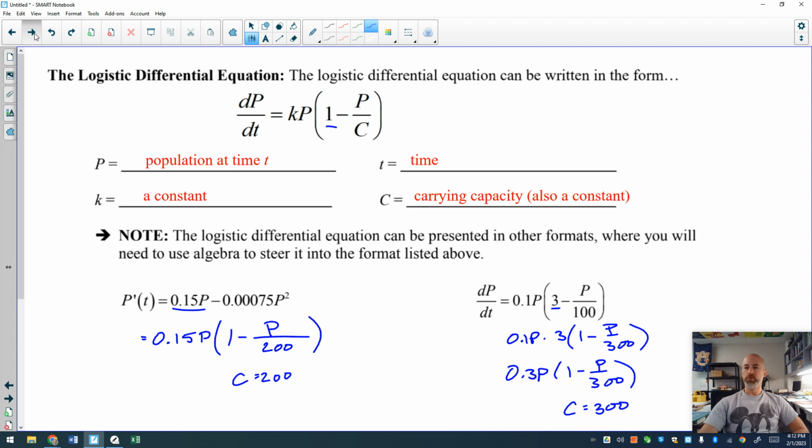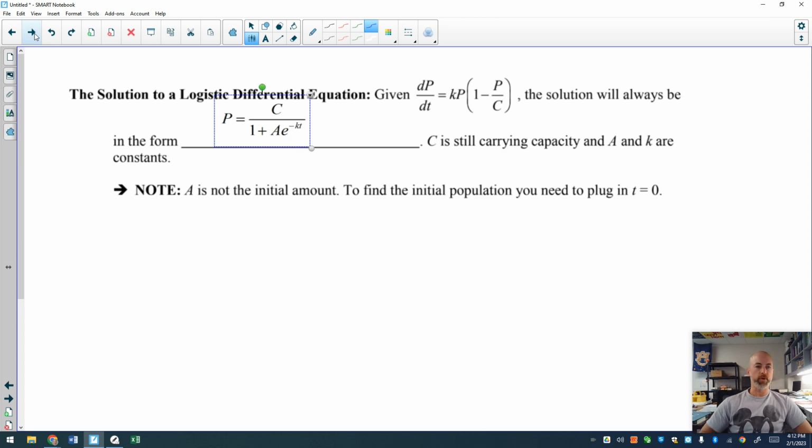But let's talk about the solution to the differential equation, because differential equations do have solutions that come with them. And this is what your solution to the logistic model would look like right here. If you addressed logistic models in pre-calculus, you were probably just given this format right here, and then you had to use that to answer certain questions.